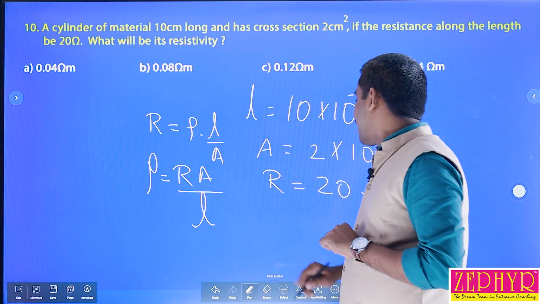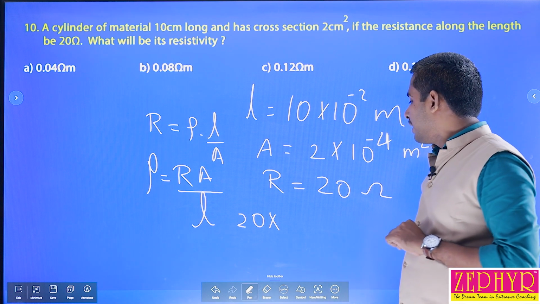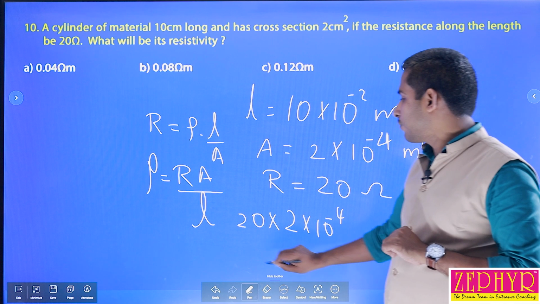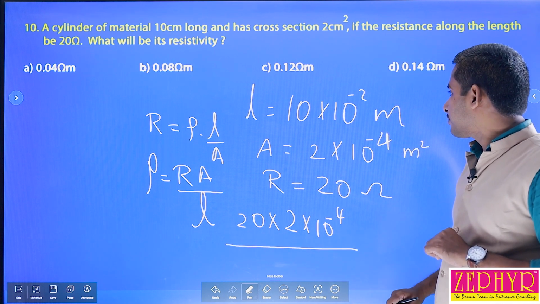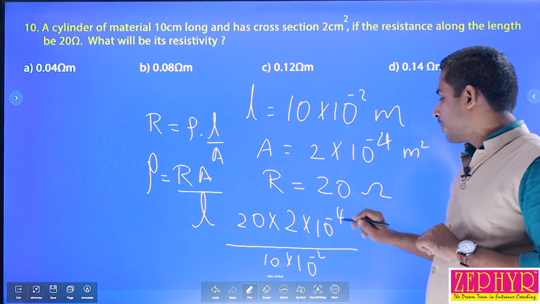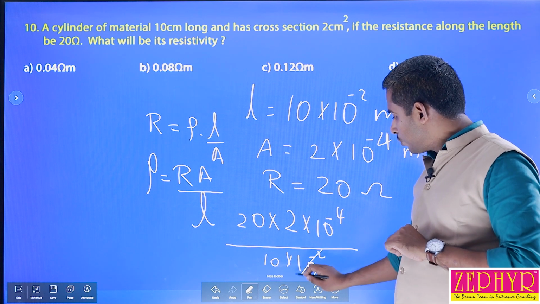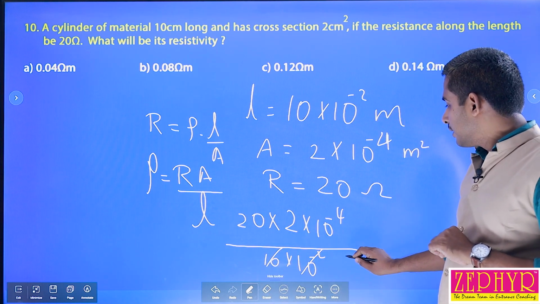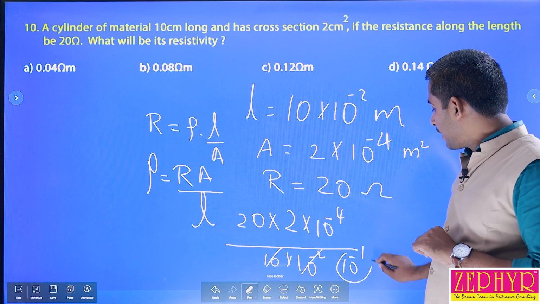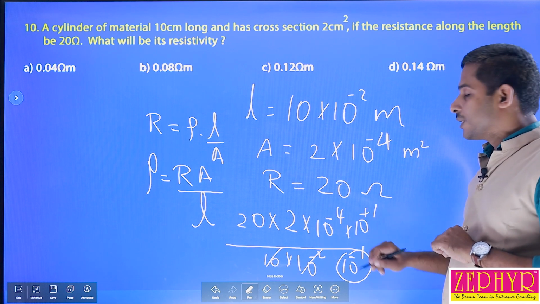From here R they said 20 into area they said 2 into 10 raised to minus 4. Length they said 10 into 10 raised to minus 2. Then 10 raised to minus 2, 10 we can cancel, that becomes minus 1. Then this 10 raised to minus 1 will come upside, that is 10 raised to plus 1.